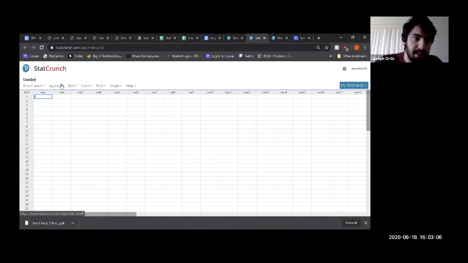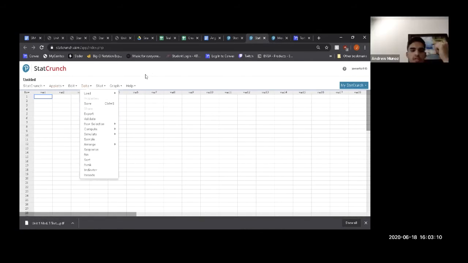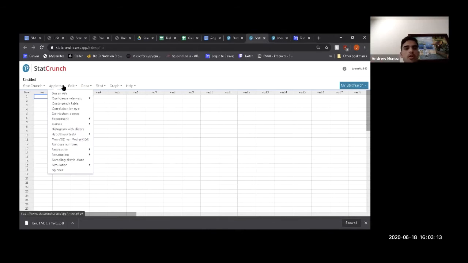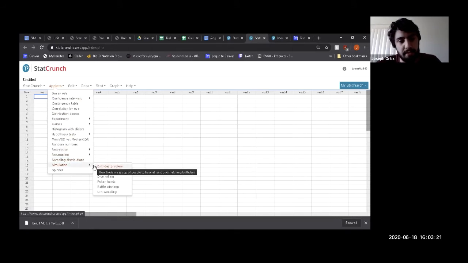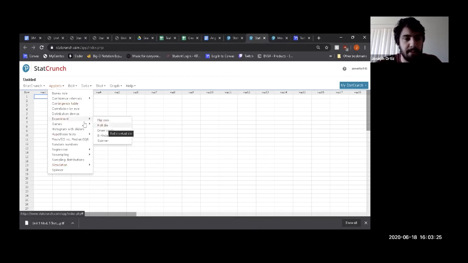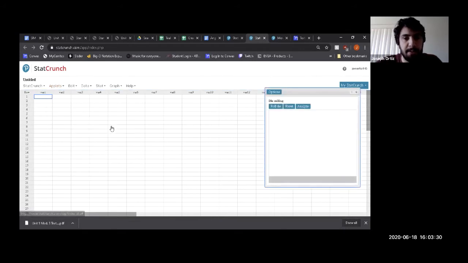Do you guys remember where the roll dice is? Isn't there simulations? There's the simulations button, right? They can click. Yeah, there's simulations. That's for if you want more than 50 or 100 at a time. I think right now we wanted to do the experiment one, because the experiment goes through it once.